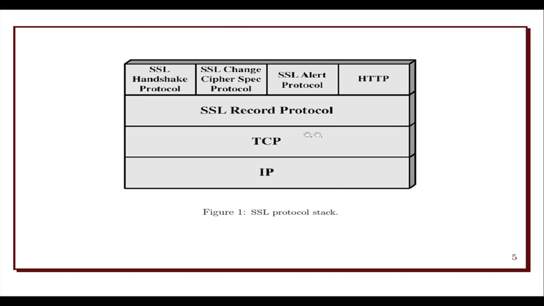The SSL layer has two parts: the SSL Record Protocol, just on top of the TCP layer, and another, the top layer, which has four protocols: SSL Handshake Protocol, SSL Change Cipher Specification Protocol, SSL Alert Protocol and HTTP Protocol. We will talk about details of these protocols.